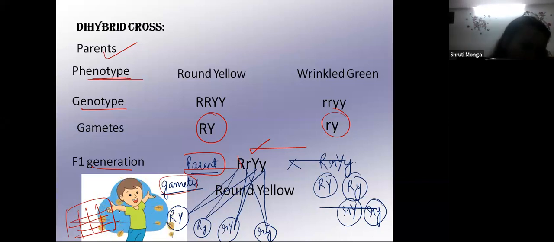Phenotype, genotype, gametes, F1 generation, and also write F2 generation. You have not written F2 generation near the Punnett square. Okay. Do this.